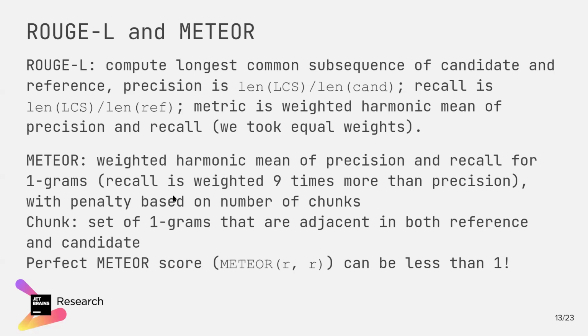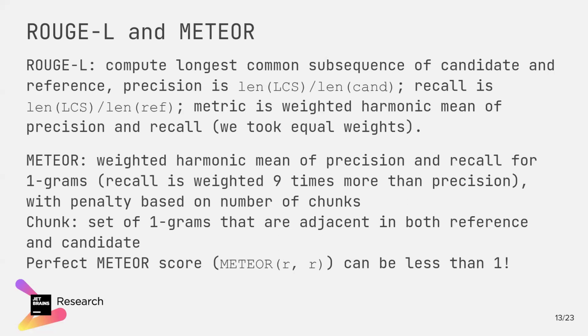So the longer the adjacent mappings between the candidate and the reference, the fewer chunks there are. And a translation that is identical to the reference will give just 1 chunk. So if your generated code is similar to the reference, you'll get a single chunk. Unfortunately, the proper explanation of how to do the computation is outside the scope of the presentation, and I refer to the original paper.